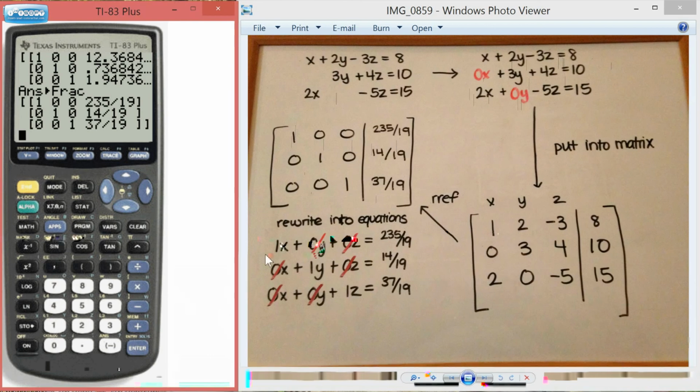So you're reading across and putting the variables back where they belong with these respective coefficients. If you keep on doing this, you end up being able to cross out all the 0 terms because there's nothing there. And you get that x is equal to 235 over 19, y is equal to 14 over 19, and z is equal to 37 over 19. Okay guys, I hope that this was helpful.